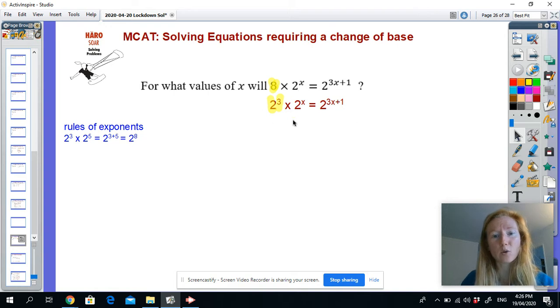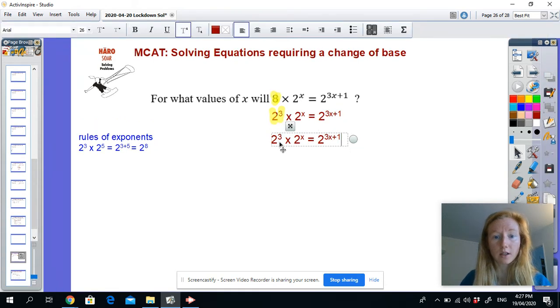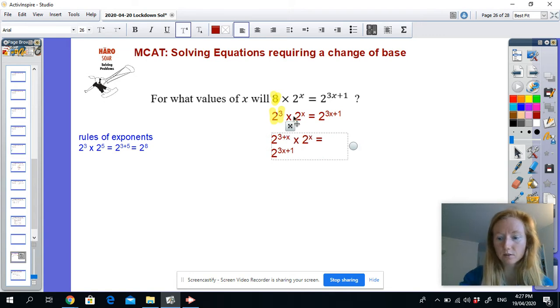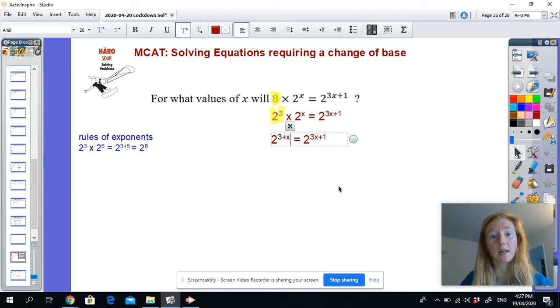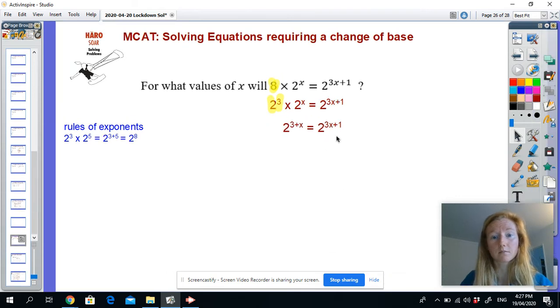Okay. Therefore, we need to use that same rule of exponents to simplify what we have here on the left-hand side. Okay. We have 2 cubed times 2 to the power of x. Imagine that x was this 5. We would do 3 plus 5, but we don't know what that is, so we're just going to have to simplify it to 3 plus x this time.